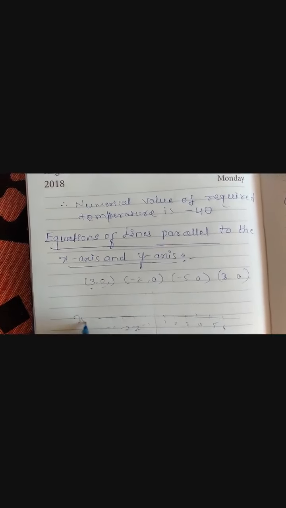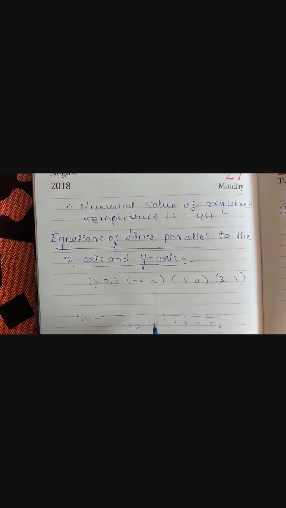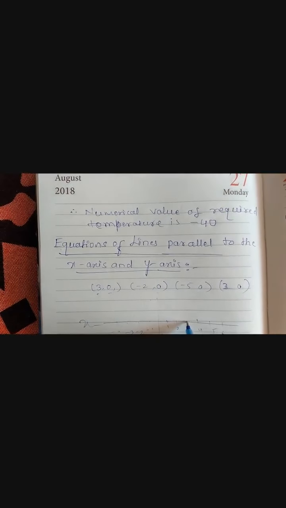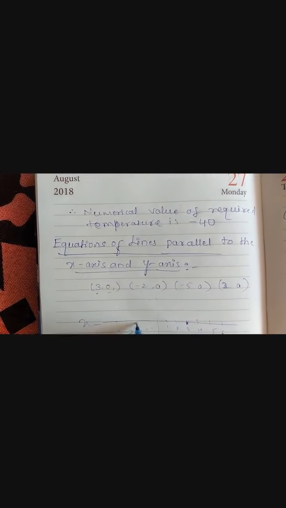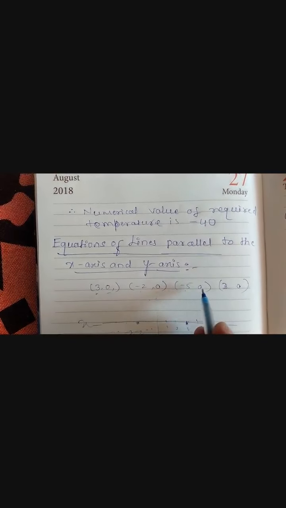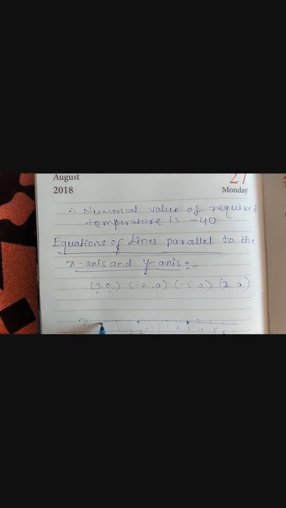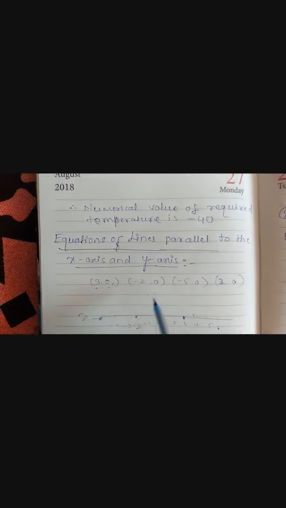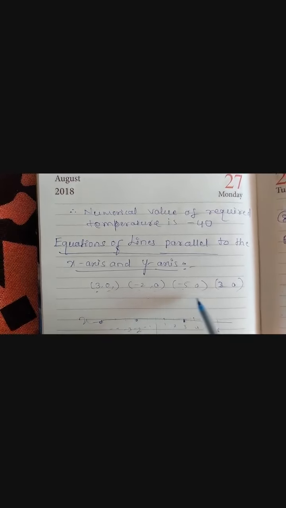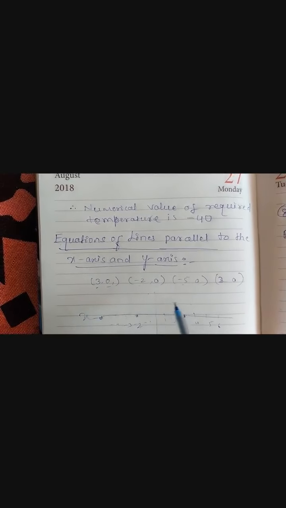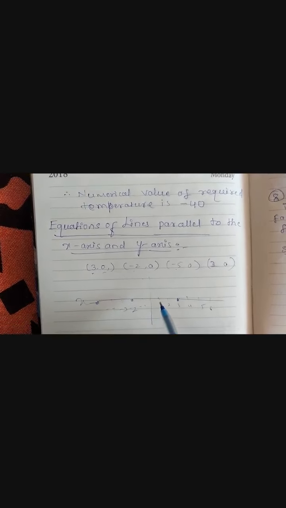See what the given coordinate points are here. X is 3, y is 0, means the point is here. X is 2, y is 0 here. X is minus 5, y is 0. Correct. So all these points lie on the x-axis, because by seeing the coordinate points we can identify that the points are all on the x-axis. Correct, children? Because the y coordinate of each is 0.